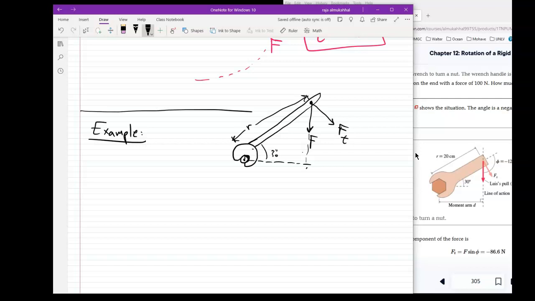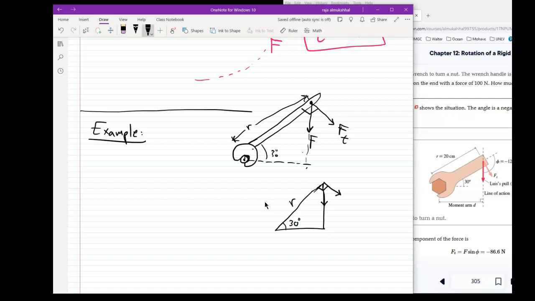What I can do is take this triangle right here. That's the angle 30. This is R right here. This is the force he's using. But the force that I want is this one, because this force is perpendicular. See that? It's perpendicular to the moment arm. This is the force that I always want.